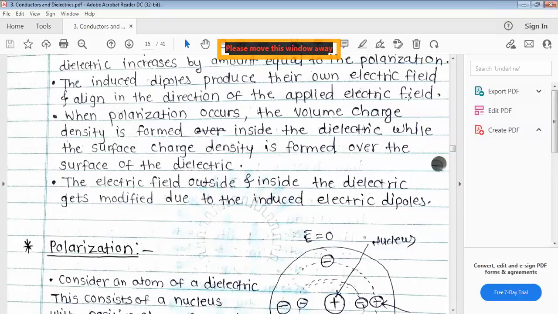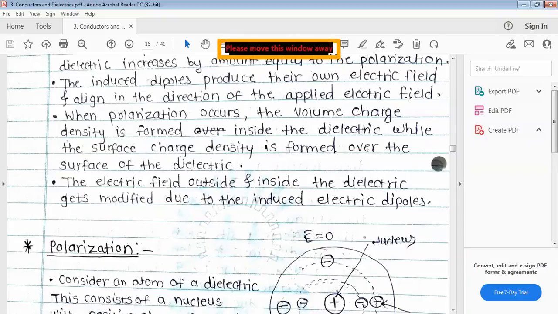So when you apply some external electric field, the direction of the electrons gets changed. Likewise, here also the direction gets changed as per the supply.